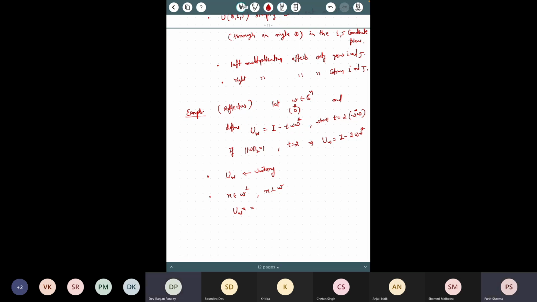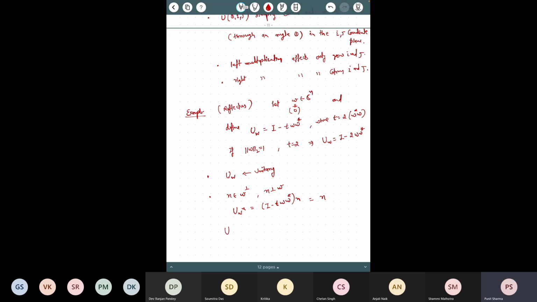So what is UWX? It is just X, because it is I minus T times WW star. You apply X from the right hand side, so it would be just X because W and X are perpendicular.